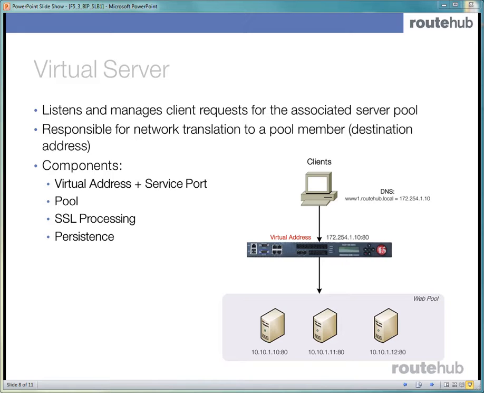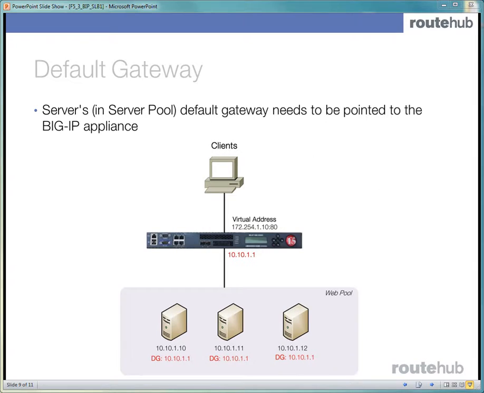Another component that is important is associating the appropriate server pool to the virtual server. And there's other components that involve enabling SSL processing and enabling persistence, which is what we will do in this video series.